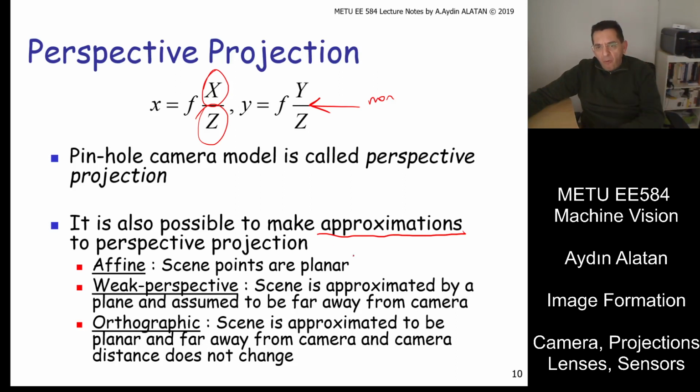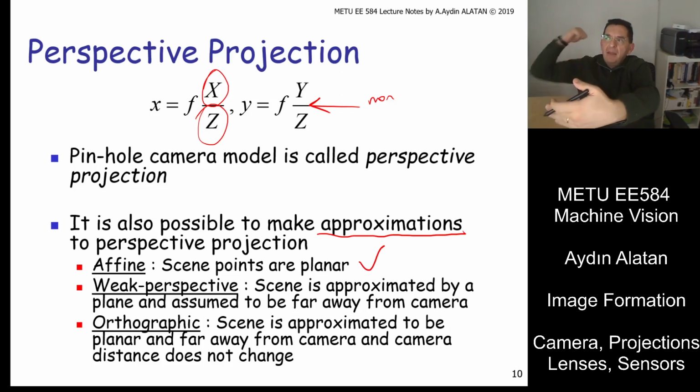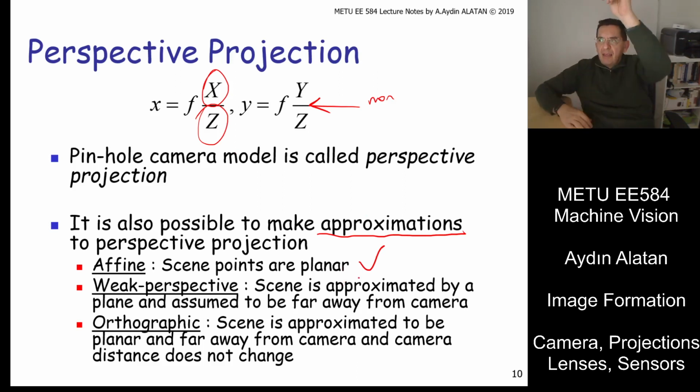If you look at a wall, just the wall behind me, from your camera image plane, they are just parallel. The virtual plane of the camera and the wall are parallel. You don't have to care about these kinds of things. Weak perspective is when you are in a satellite.